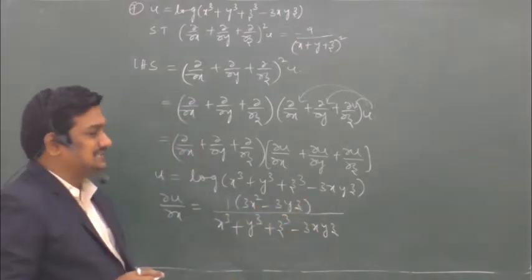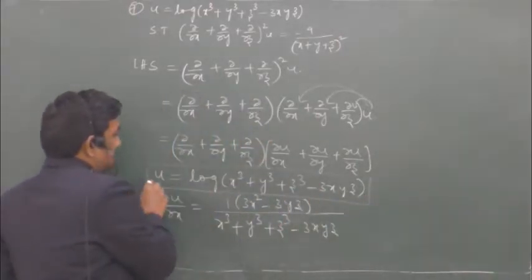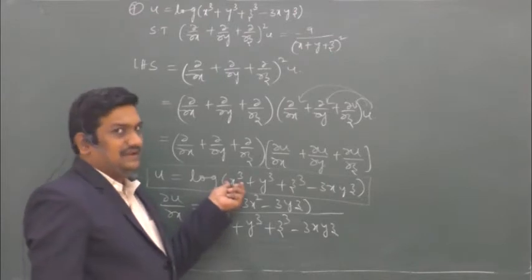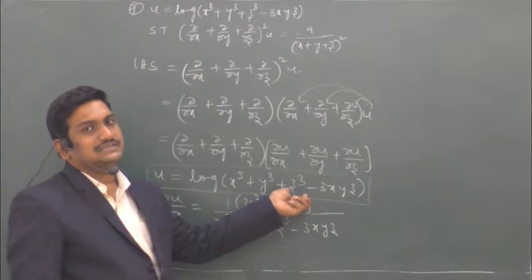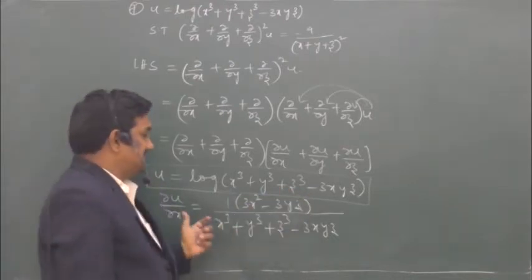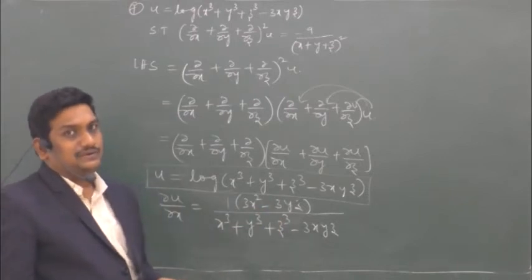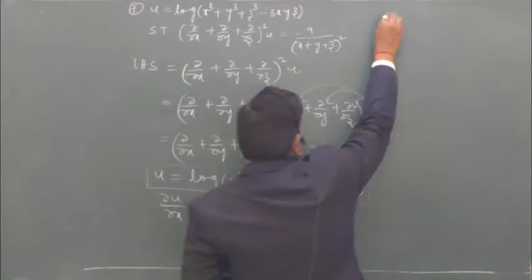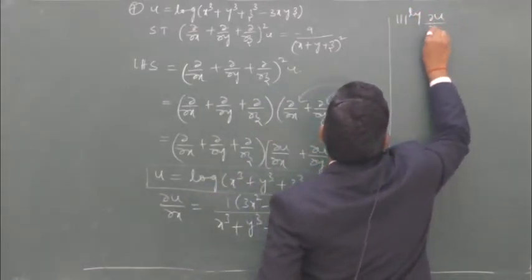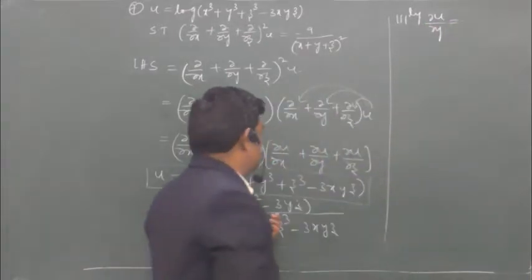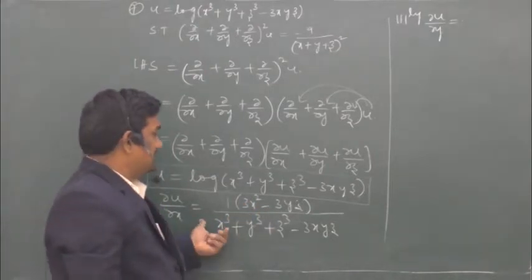Okay, so you can see that this function is a symmetric function. That is, if you replace x by y, y by z and z by x, you get the same old function, hence it is a symmetric function. So by seeing ∂u/∂x, you can write the values of ∂u/∂y and ∂u/∂z. ∂u/∂y can be obtained by replacing x by y, y by z and z by x in ∂u/∂x.